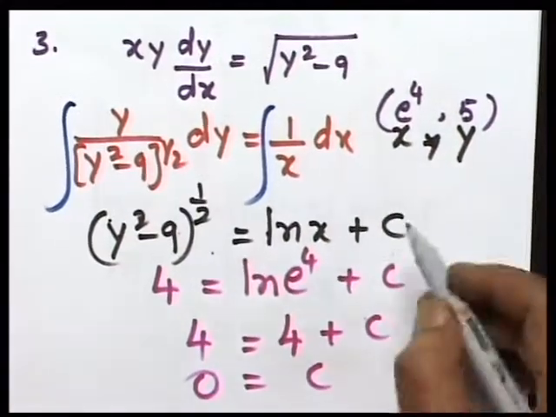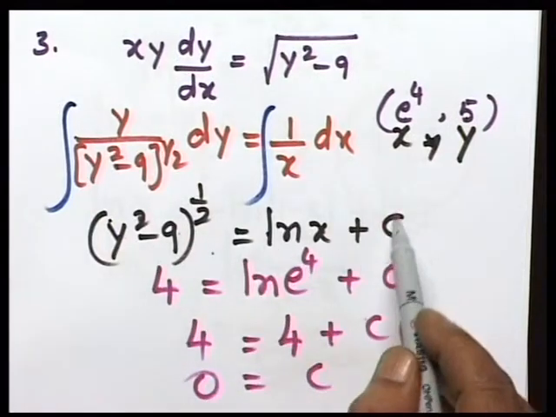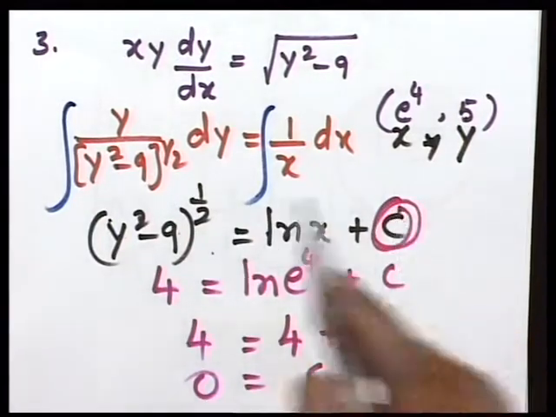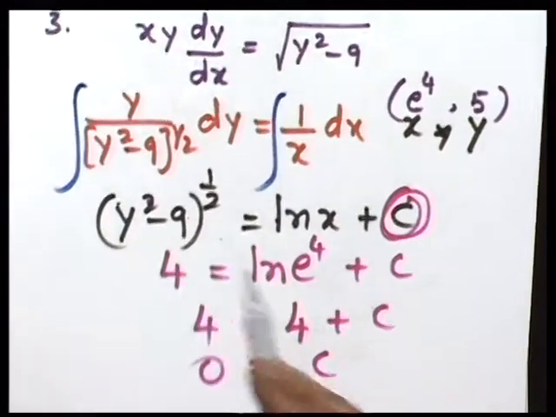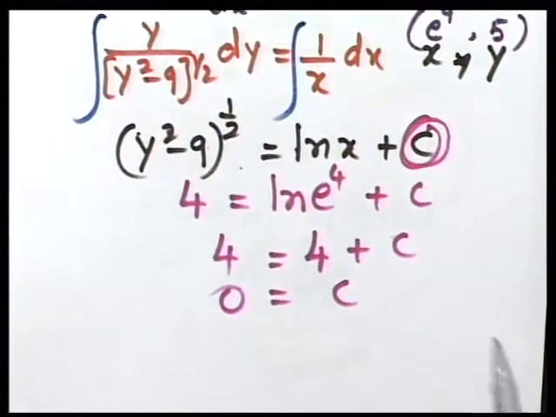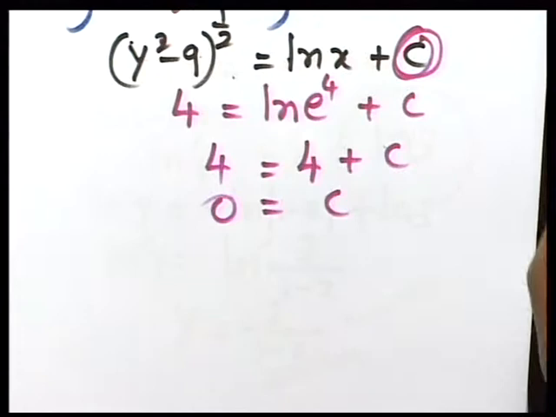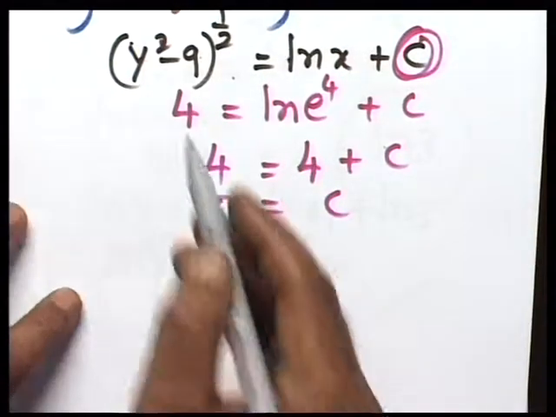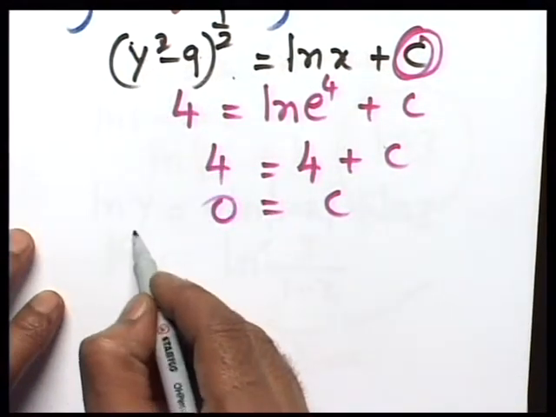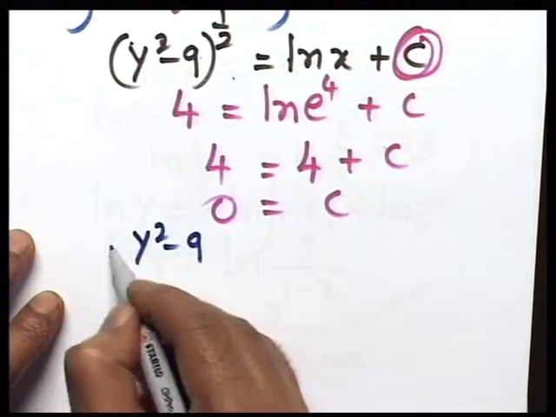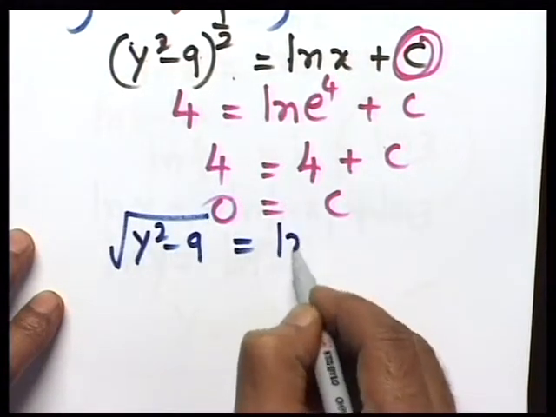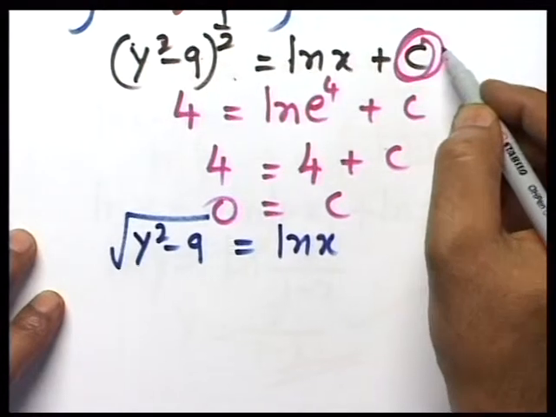So we go back to this equation there and substitute c as 0. But we still have to solve for y, so don't forget that. I'm copying that equation now. See what we get. So we have square root of (y square minus 9) equals ln x. c is gone because that's 0.